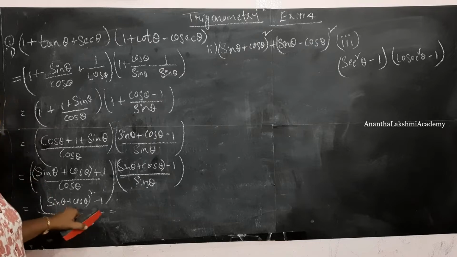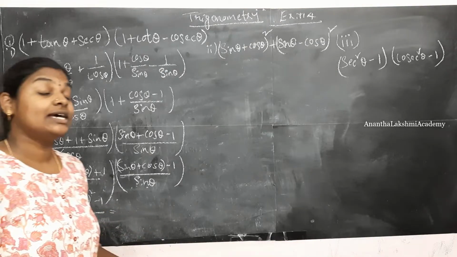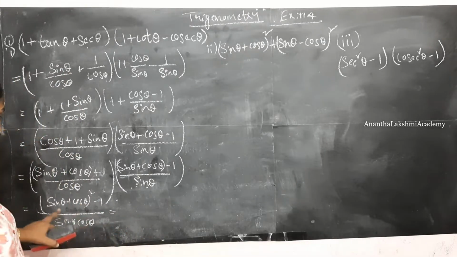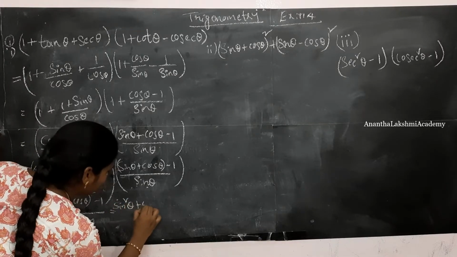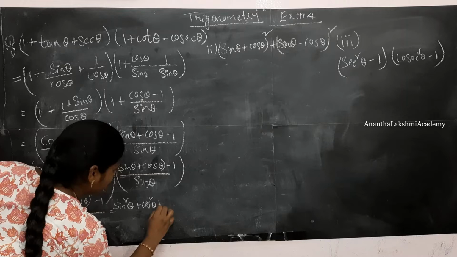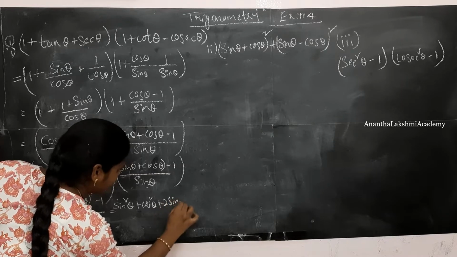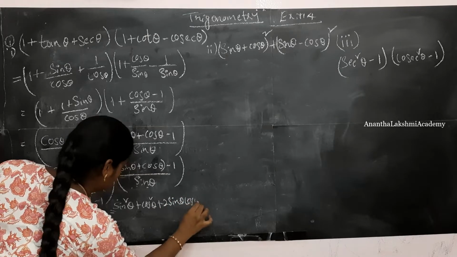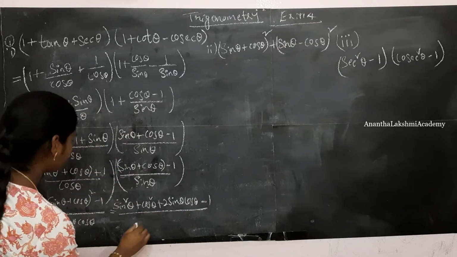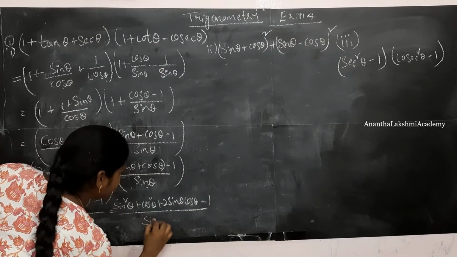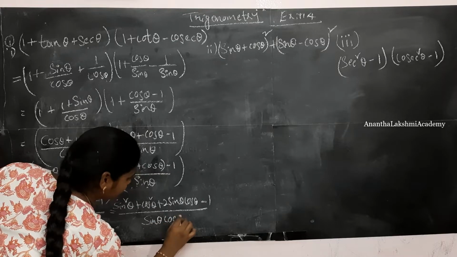So what is sine theta plus cos theta whole square? A plus B whole square is nothing but sine square theta plus cos square theta plus 2 sine theta cos theta, minus 1 square, which is 1, and this is over sine theta cos theta.